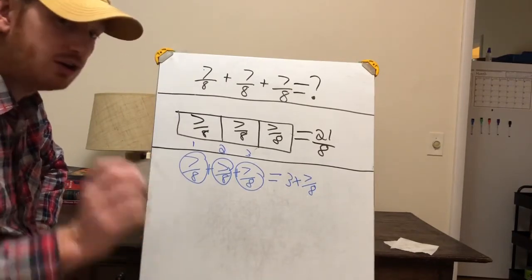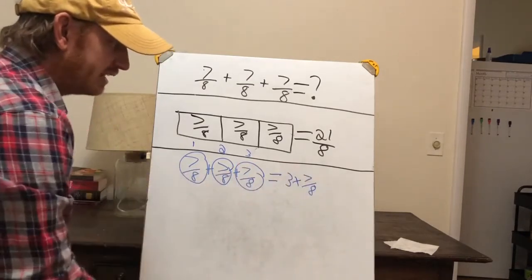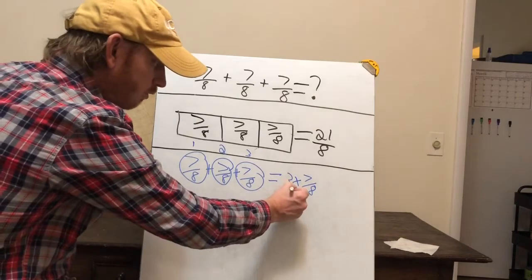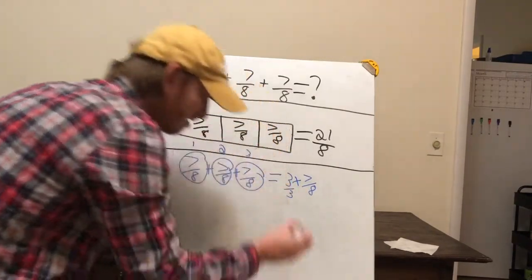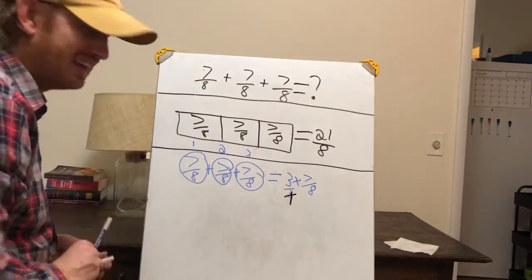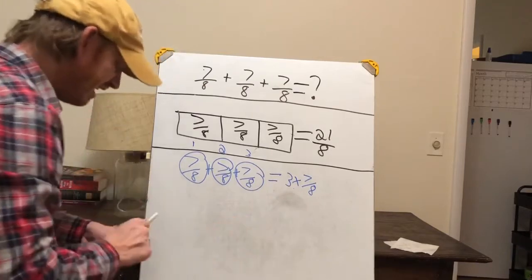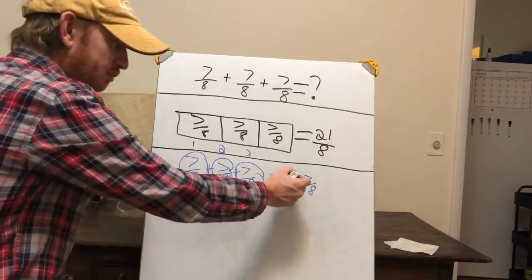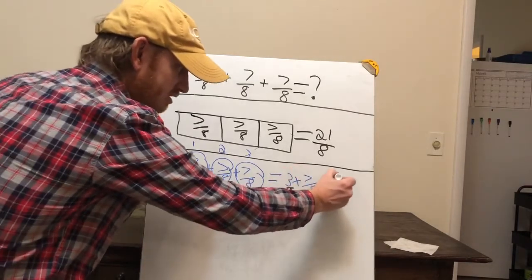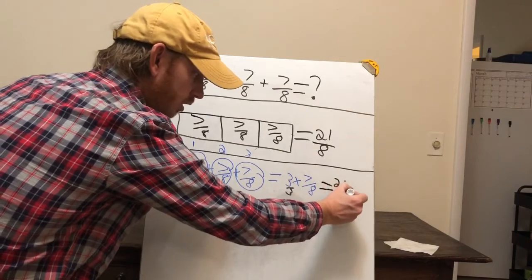But I'm now going to use the associative property. Because when I do 3 times 7 over 8, it's not 3 over 3 times 7 over 8. It's just 3 times 7 over 8. If it was 3 over 3, then we multiply 3 times 7 is 21, and 3 times 8 is 24.